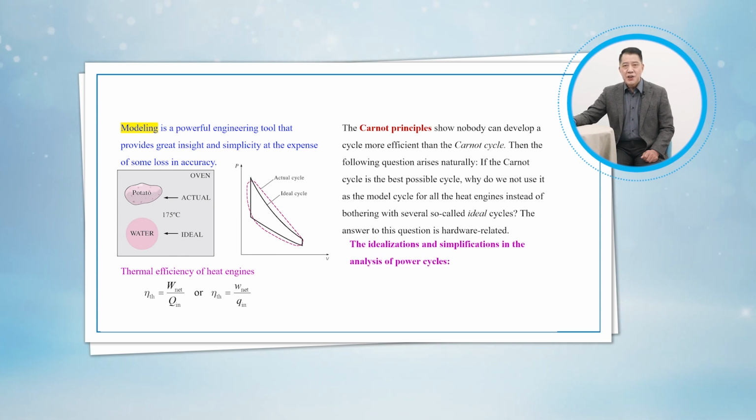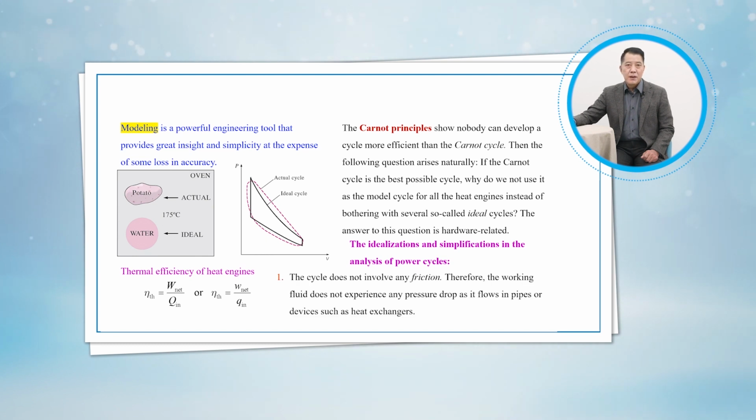The idealizations and simplifications commonly employed in the analysis of power cycles include: Assumption 1. The cycle does not involve any friction. Therefore, the working fluid does not experience any pressure drop as it flows in pipes or devices such as heat exchangers.